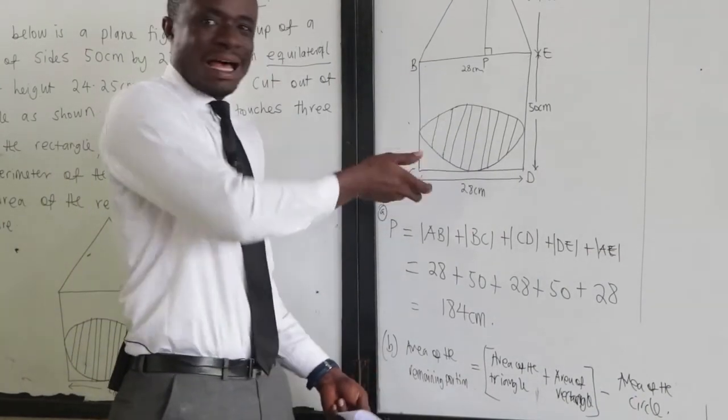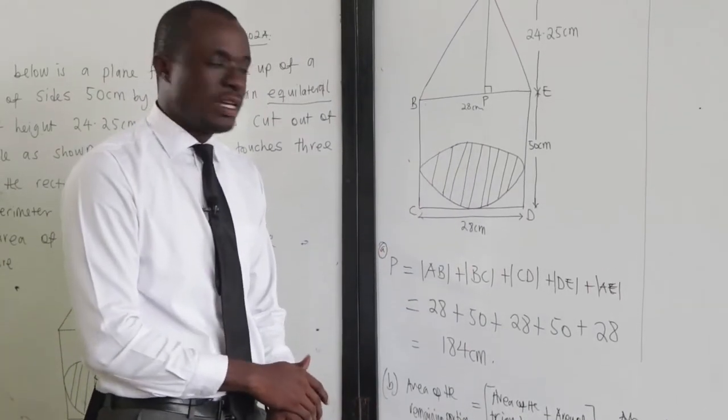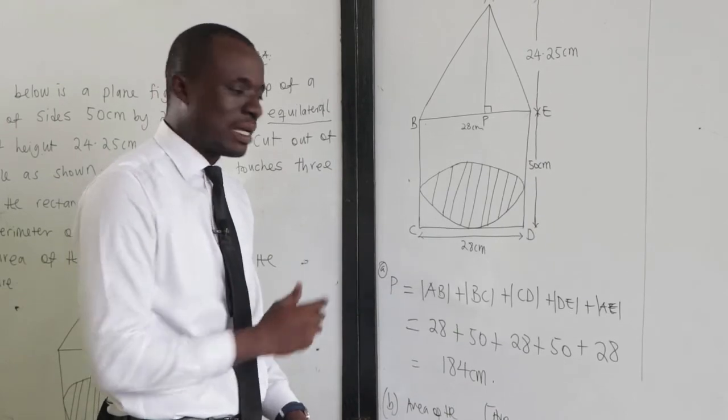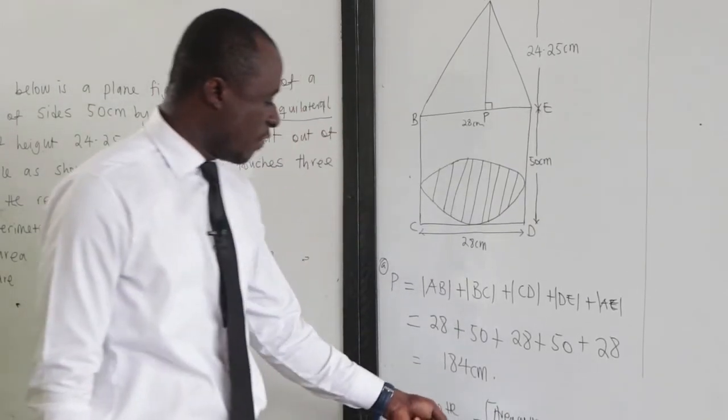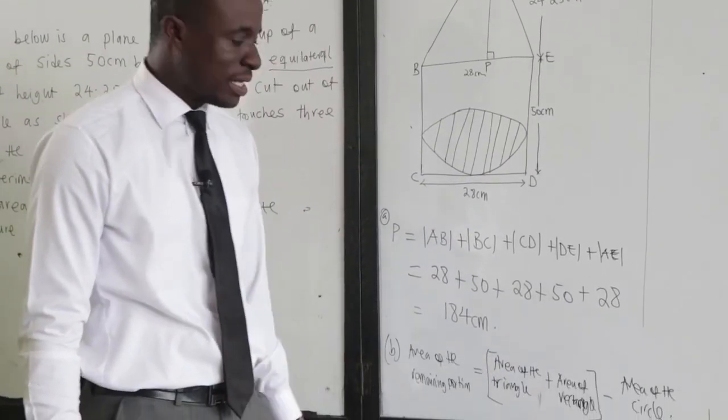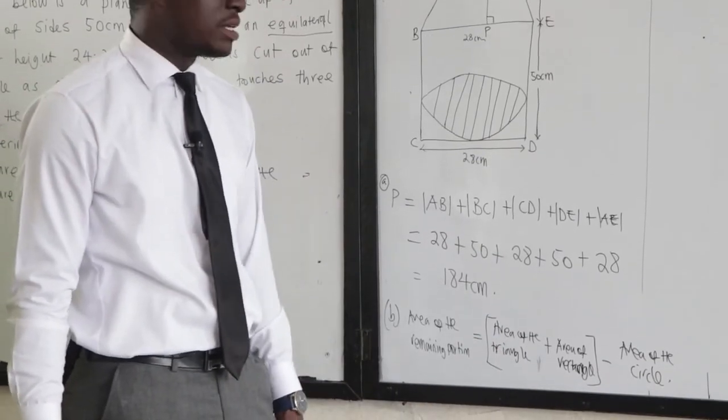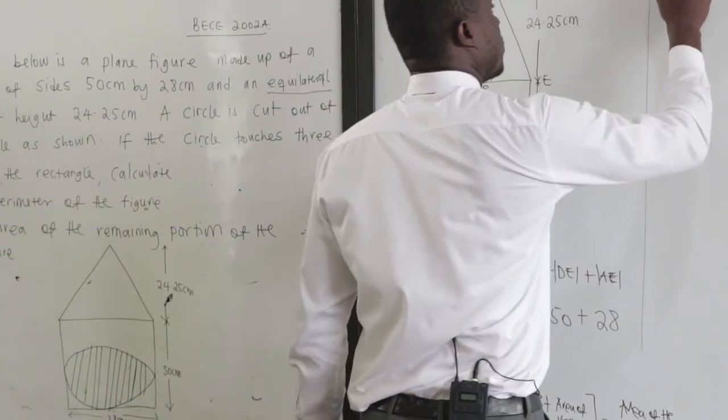When you take the circle out of it, that is what we will get as the remaining portion, because we are being told that the circle is cut out. So you have to find the area of the triangle, the area of the rectangle, and also the area of the circle.